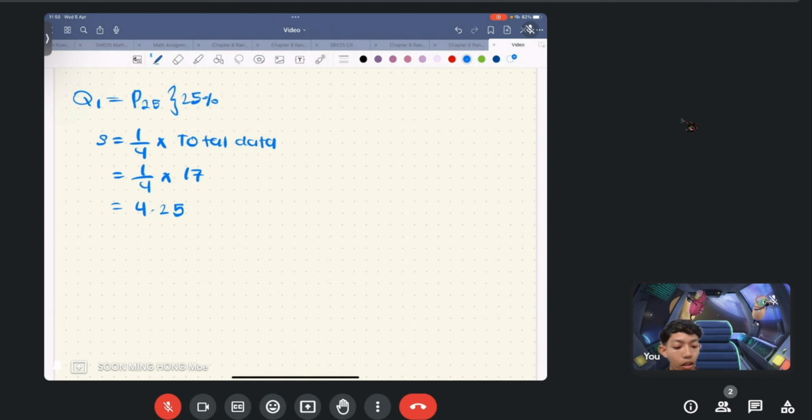But 4.25 is not an integer. So what we need to do is we must get the smallest integer that is greater than 4.25.